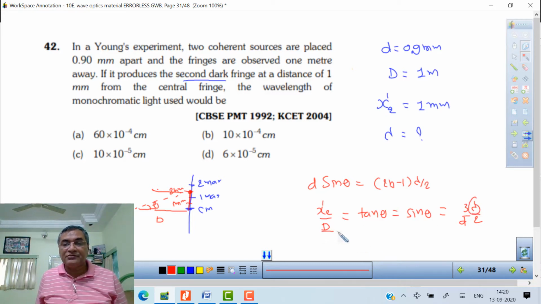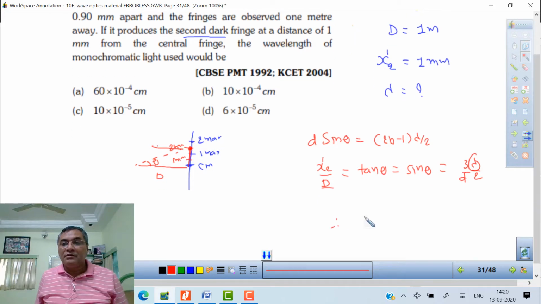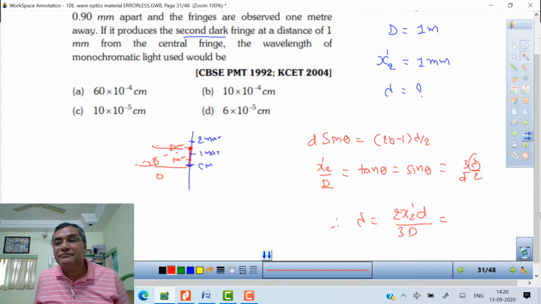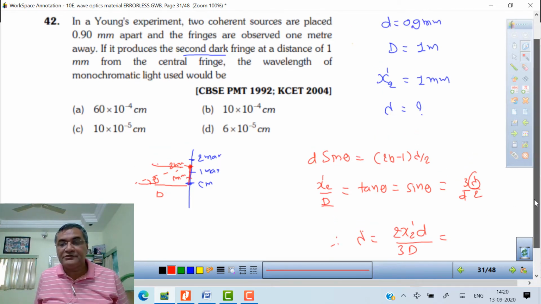So I combine these two things. What I am getting is lambda is equal to x2 prime, small d, multiplied by 2, divided by 3 into D. So we put in all these values.